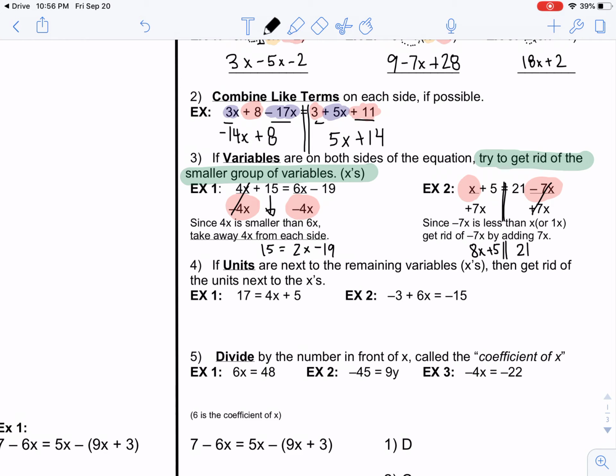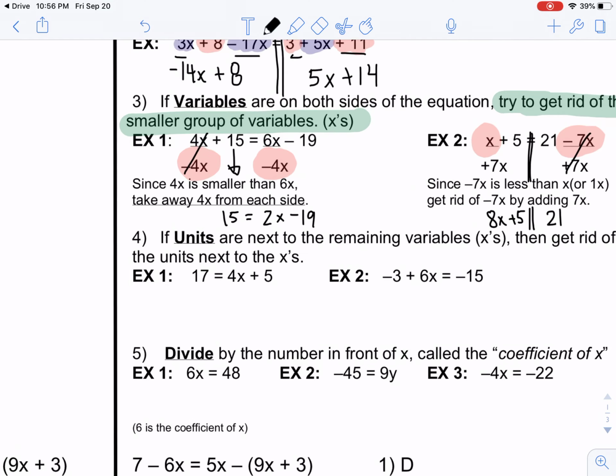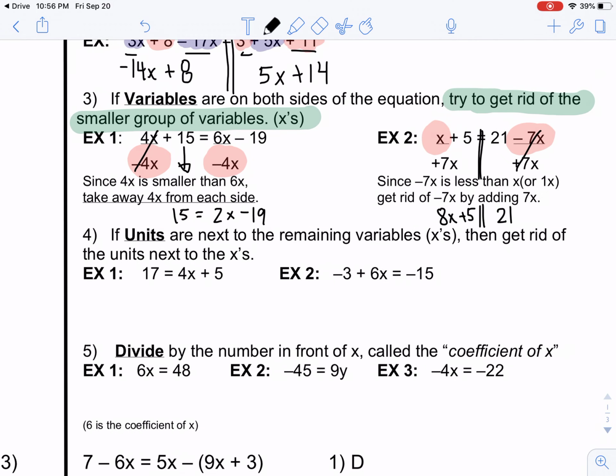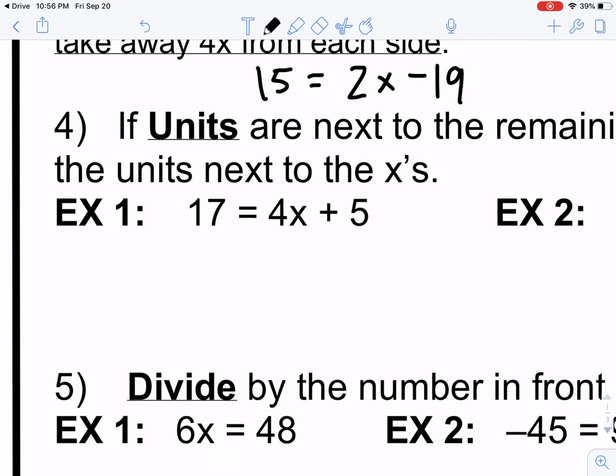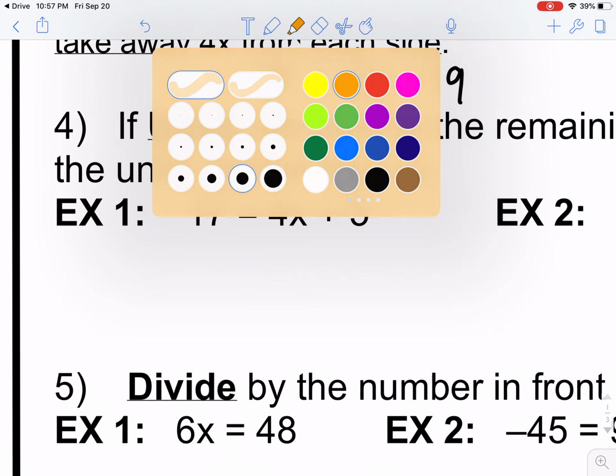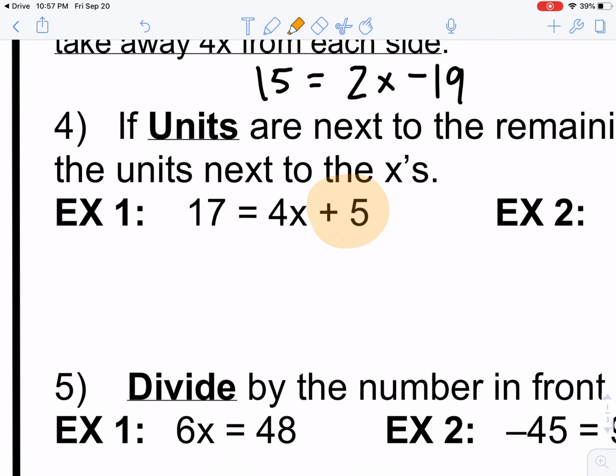Now, after we've gotten the variables on one side, we are going to get the units on the other side. So if there are units next to the variable, get rid of the units next to the x's or the variable. So here, example number 1, 17 equals 4x plus 5. I want you to notice that there are units next to the variable. We want to get rid of those units.